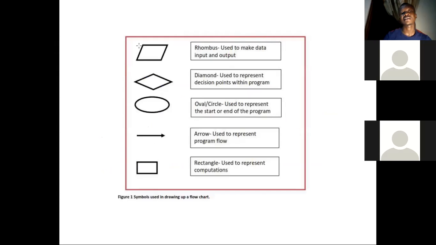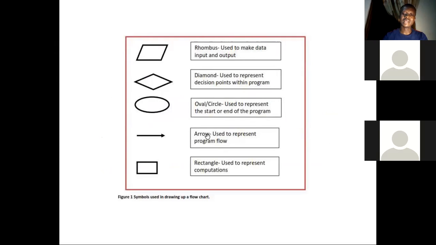In the flowchart, we make use of these shapes. We make use of the rhombus for data input and output. Then we make use of the diamond shape to represent the decision points within the program. In other words, if we need to decide what to do, we use this symbol. Then we use an oval shape to represent the start or end of the program.